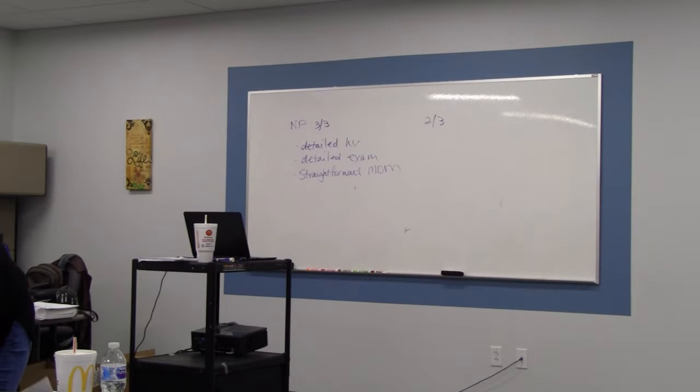11721. It says debridement of nails, any method, 1 to 5, and then 6 or more is 11721.